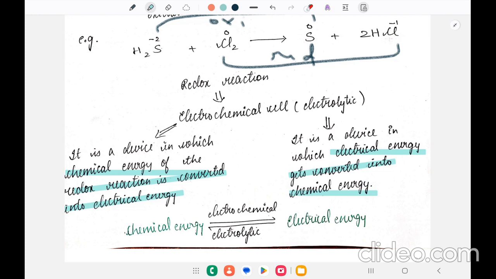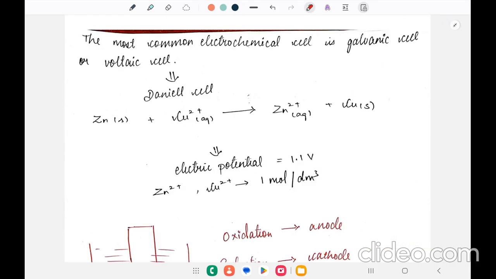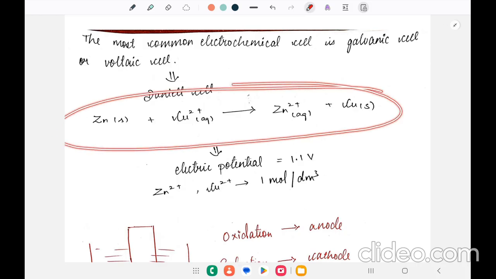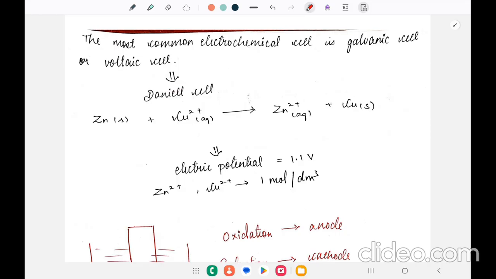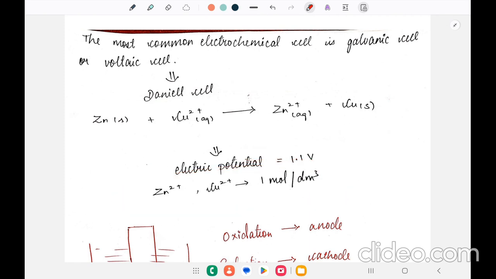The most common electrochemical cell is the galvanic cell or the voltaic cell, and a galvanic cell is the modified form of the Daniell cell. This is the reaction for a Daniell cell with an electric potential of 1.1 volt, and this is the concentration of the ions used.